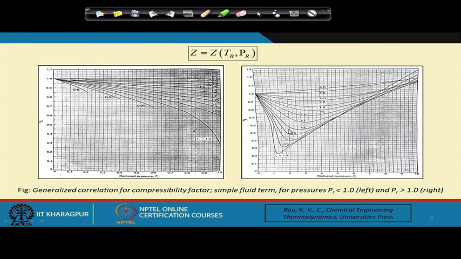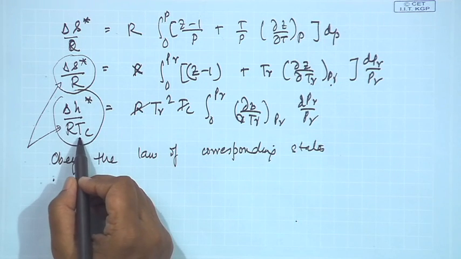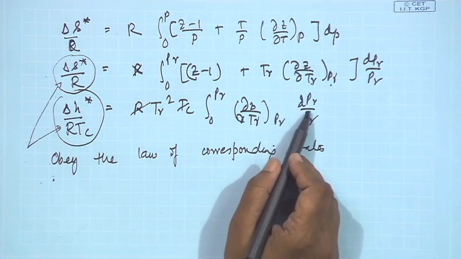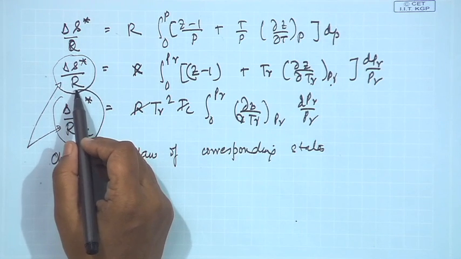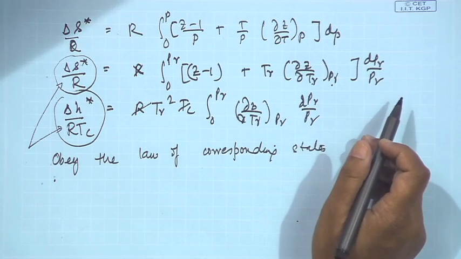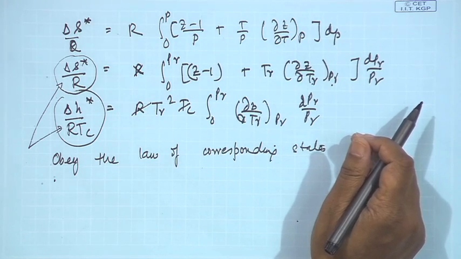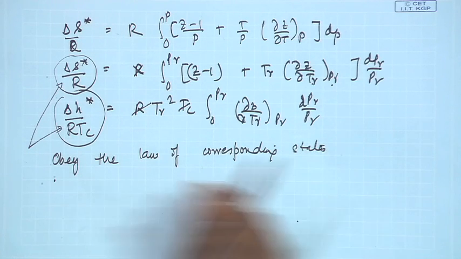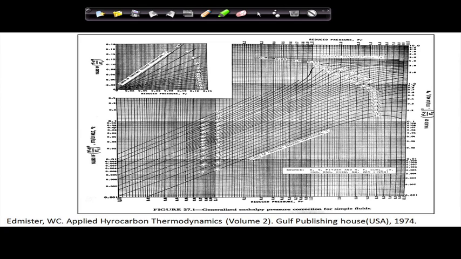We should be able to generate identical curves using delta H star by RTC as a function of PR and TR. We should be able to generate delta S star by R curves as unique functions of TR and PR. This has been done by a large number of researchers, and the curves are of this particular form.